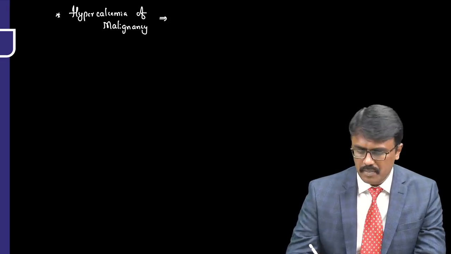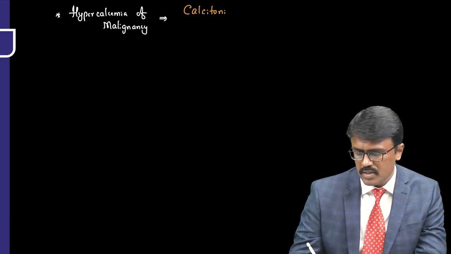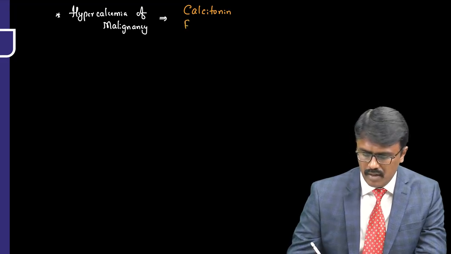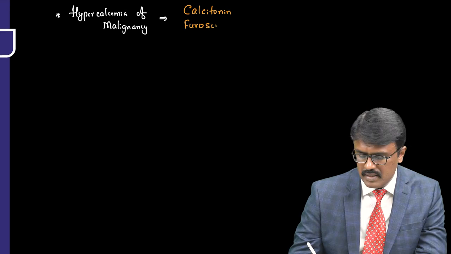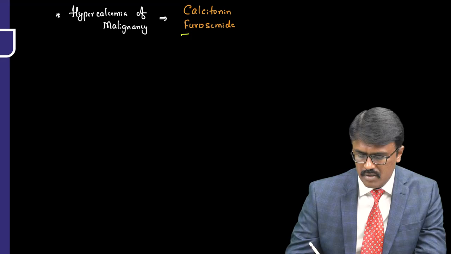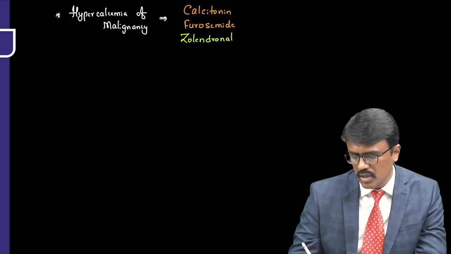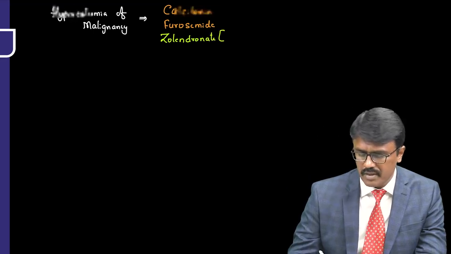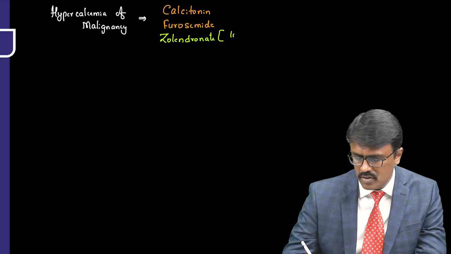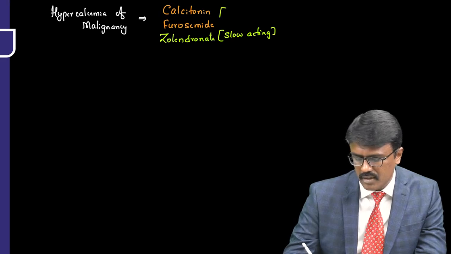To bring it down, the best drugs are calcitonin, or a loop diuretic can be added, furosemide, or we can use a bisphosphonate, zoledronate. Zoledronate is not going to work fast, it is slow acting. But the faster acting drugs are these two.